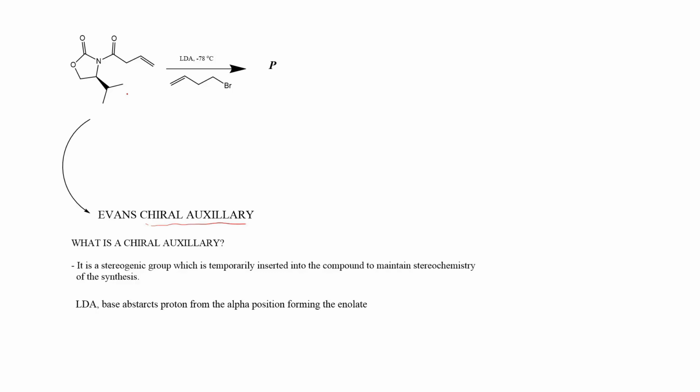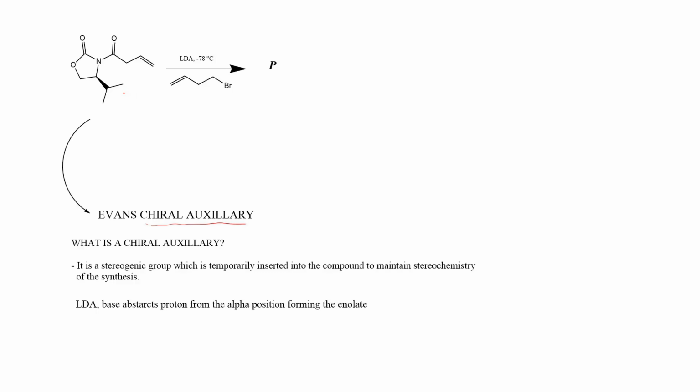If in a reaction we want a chiral environment, we insert a group which helps the reaction maintain the stereochemistry of the compound, and after that, if we treat it with another reagent, that group will easily cleave out.